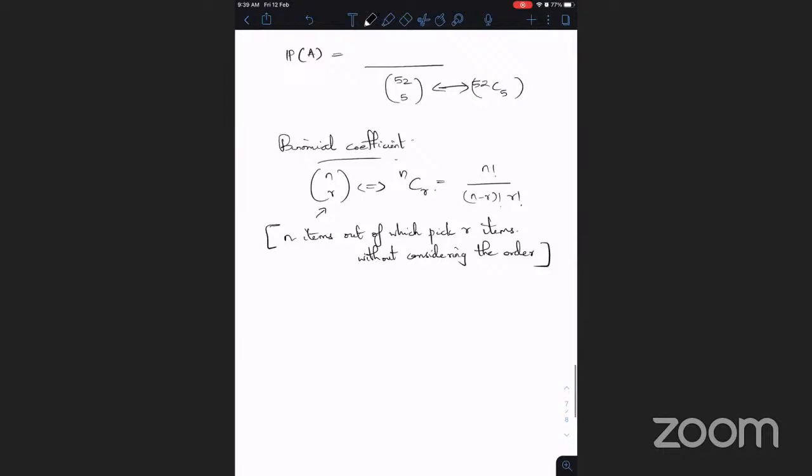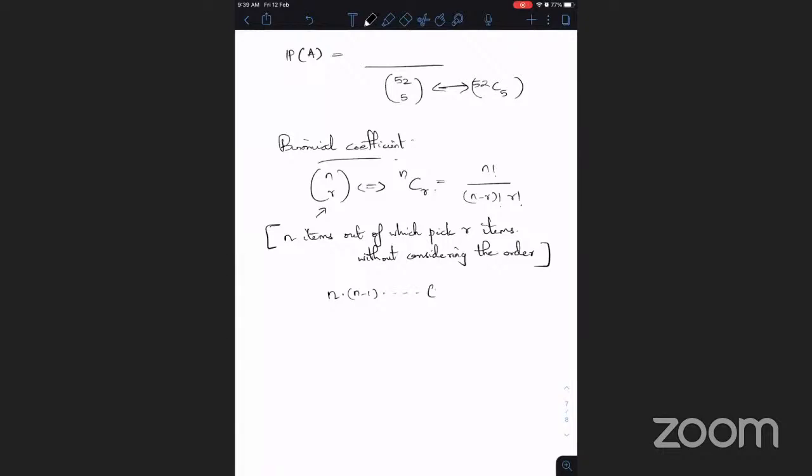And how do you see the formula? The idea is to pick r objects first. When you have n items, you have n choices for picking the first item. Then you have n minus 1 choices for picking the next item. We are just applying the multiplication rule here.